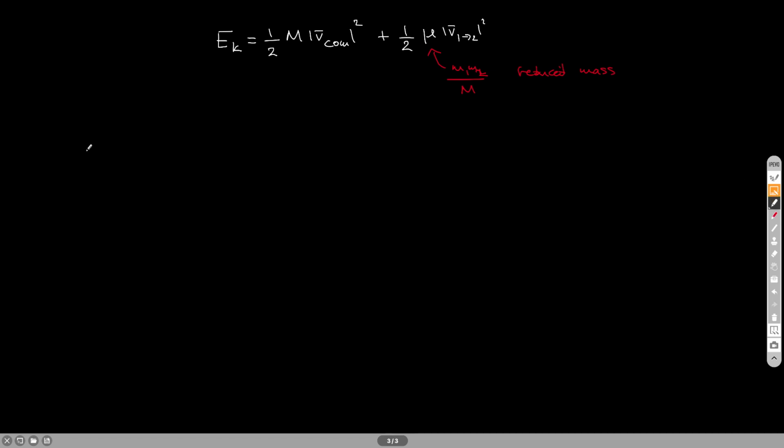Now going back to the Lagrangian, remember it is defined as Ek minus Ep.